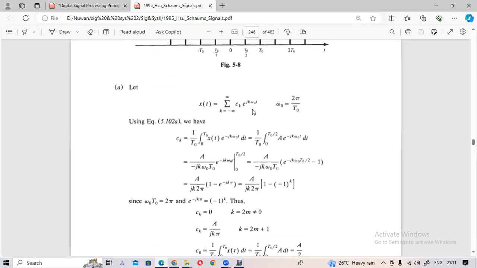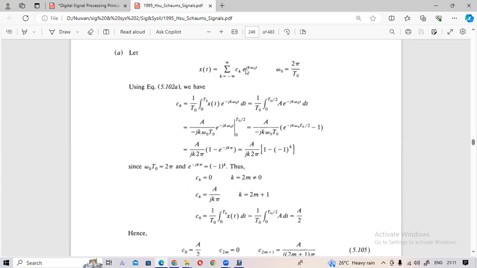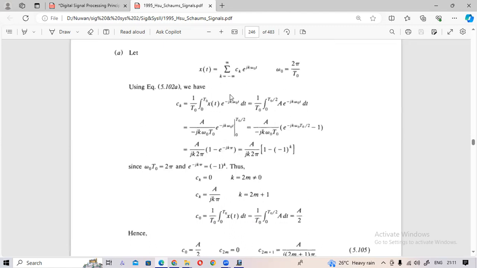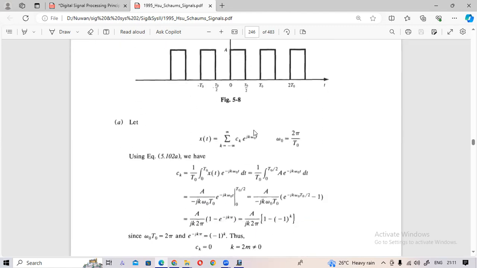For that, we are using complex exponential representation. One complex exponential term will have one frequency component. So again, we can find the number of frequency components and what they are using complex exponential terms. So this is the Fourier series representation.